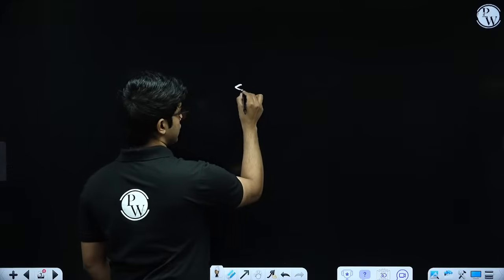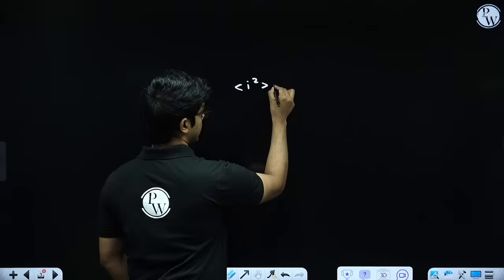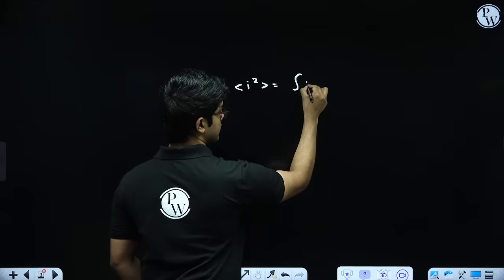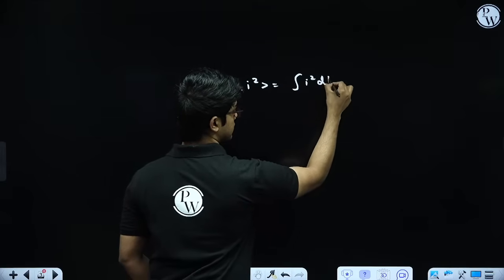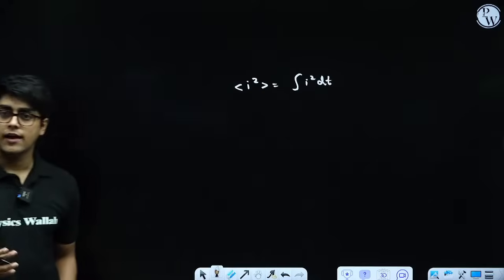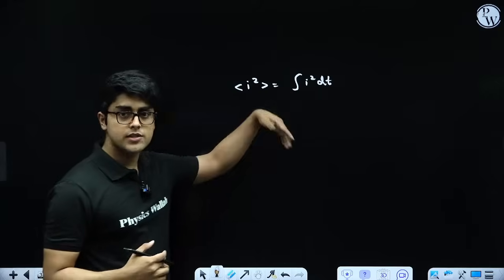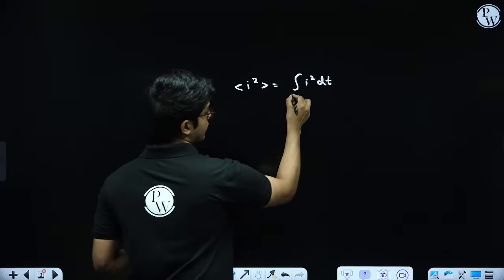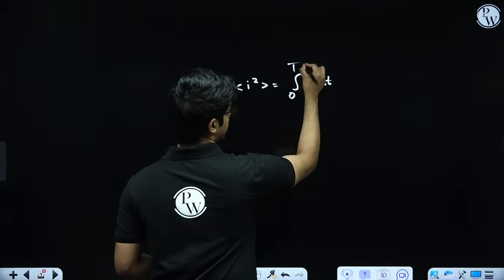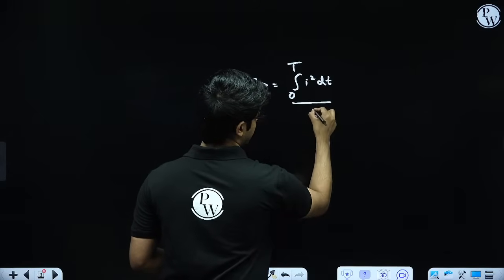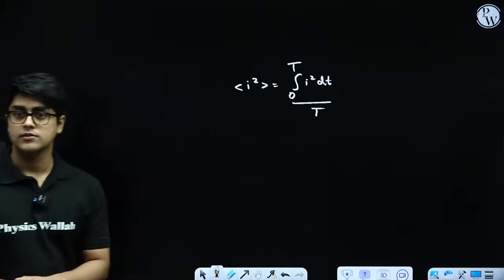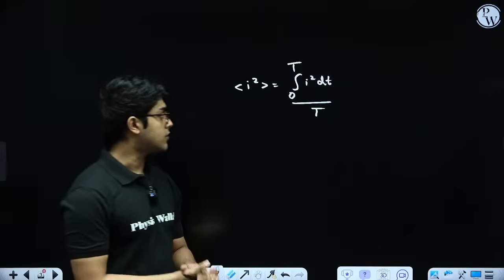The average of I square is simply the integral of I square dt over the interval from 0 to T, divided by T. This is the process behind finding the average value of I square.